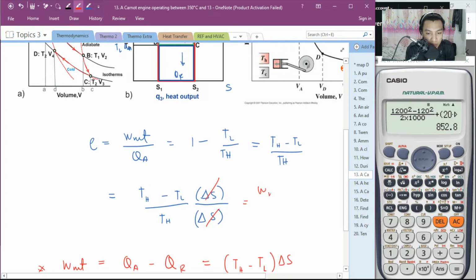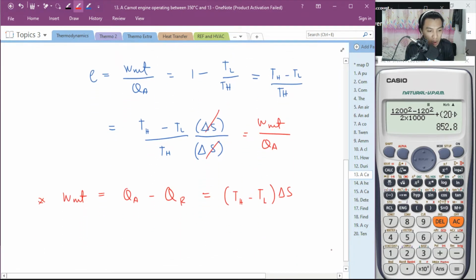Ayan work net over QA. So, ibig mong sabihin, sir, yung QA is equal to TH multiplied to delta S. Yes. And then, ganun din naman yung QR mo. Yung TL delta S. Ngayon, pag pinagsama mo dito, maka-cancel mo yung delta S.